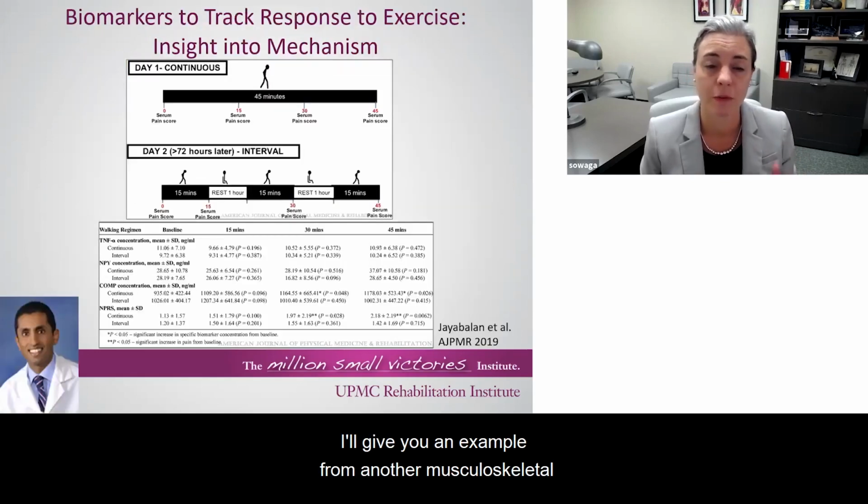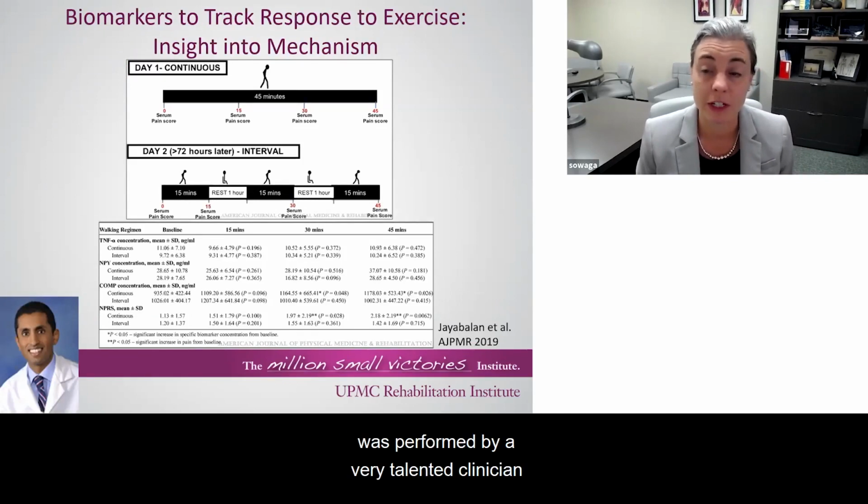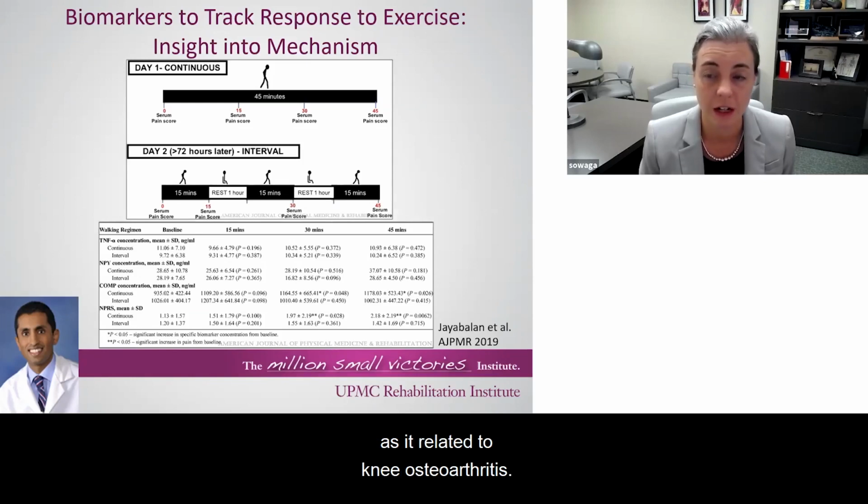I'll give you an example from another musculoskeletal condition. This is work in osteoarthritis that was performed by a very talented clinician scientist who trained with us and is now at Northwestern, who was interested in biomarkers as it related to knee osteoarthritis.